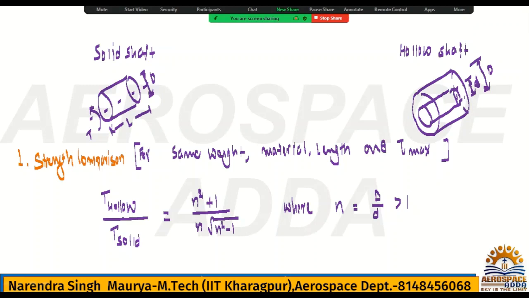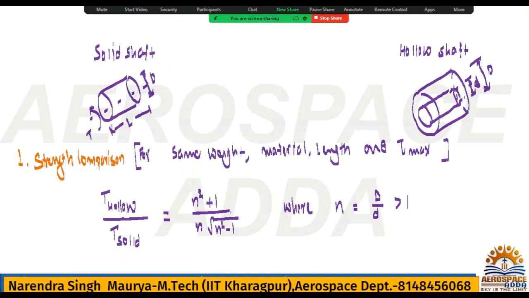So 2 square is 4, plus 1 is 5, divided by 2, it will be 2.5. Again root of 2 square minus 1: 4 minus 1 is 3, so root 3 is 1.73. So 2.5 divided by 1.73.